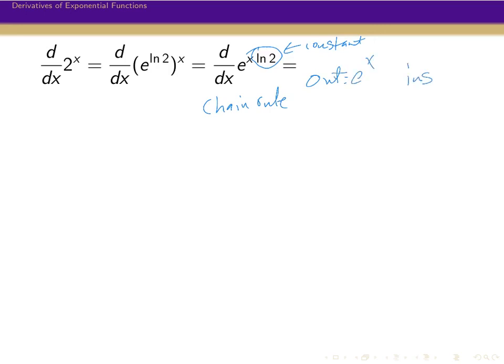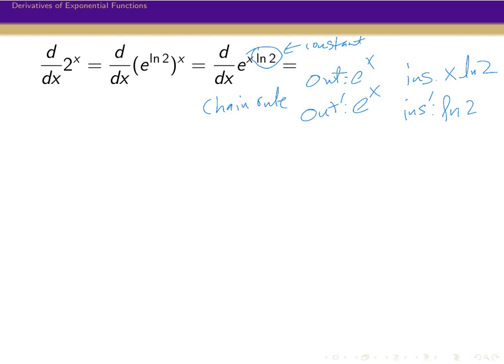Our inside function is x times the natural log of 2. Just as we saw before, what's the derivative of e to the x? It's just e to the x. For the inside, we have that it's x times natural log of 2. Well, that natural log of 2 is just a constant, so it's x times a constant. Derivative of that is the constant. So it's just natural log of 2.